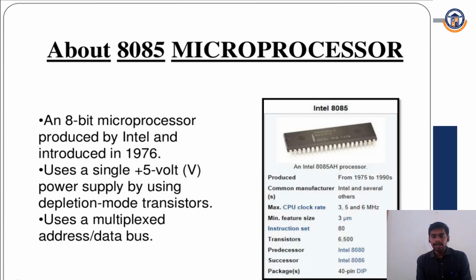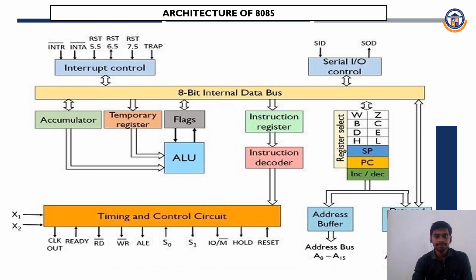The 8085 microprocessor contains 40 pins. This is the architecture of 8085. It's a very important question in the 8085 microprocessor. Lots of microprocessors are available in the market, but the 8085 microprocessor is a very fundamental microprocessor.